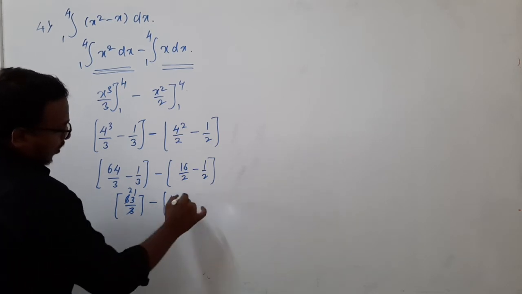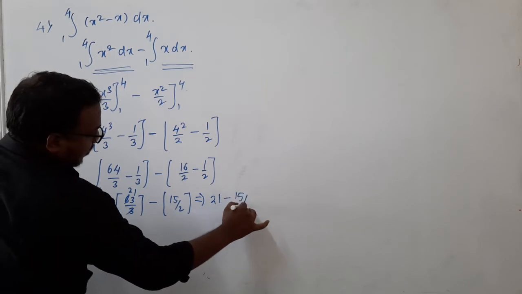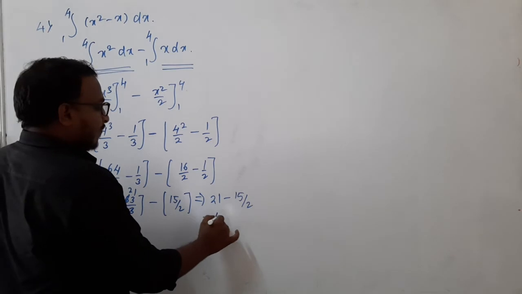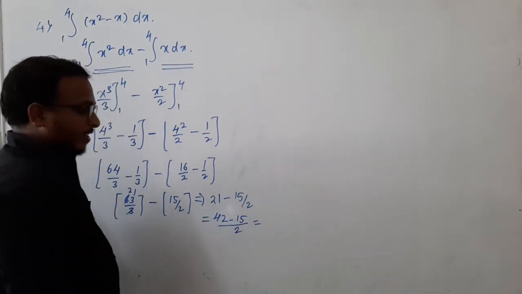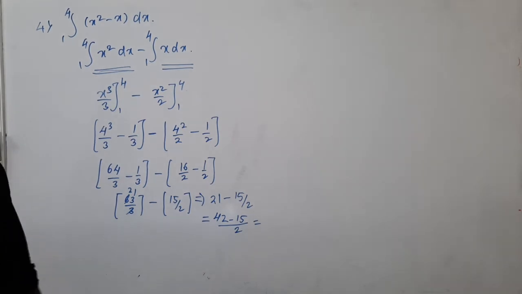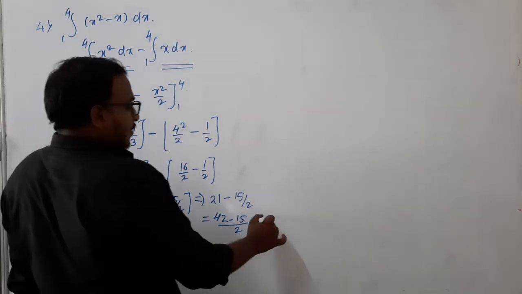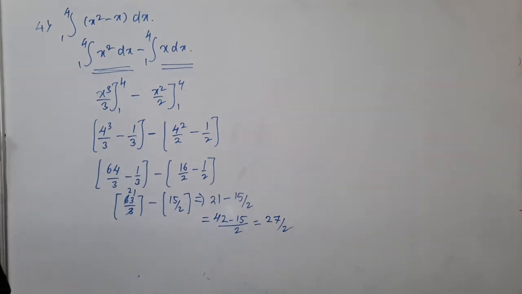That is equal to 21 minus 15 by 2, which is 42 minus 15 by 2. 42 minus 15 means how much? 27 by 2. Hence, our result will become 27 by 2.